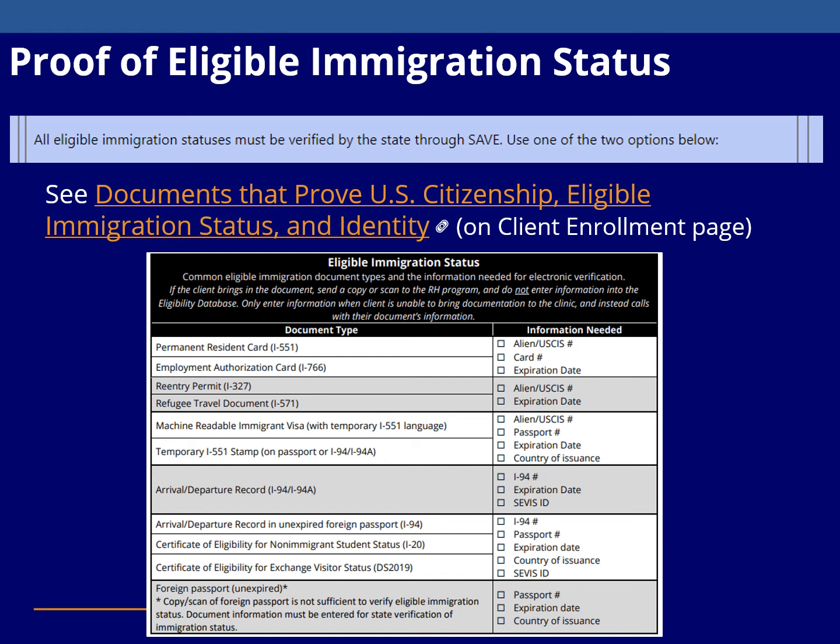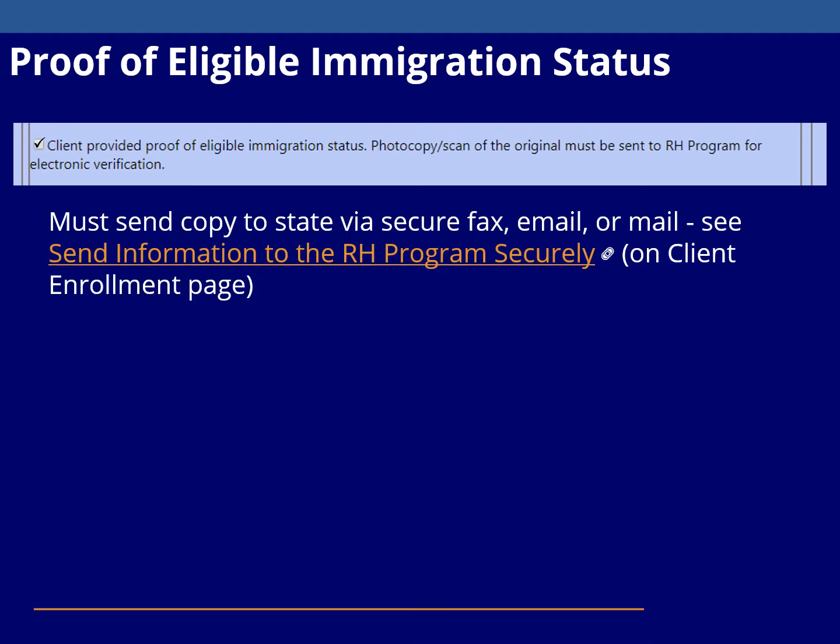But if a client has a refugee travel document, we just need the USCIS number and the expiration date. It's complicated, and many of the pieces of information are 15+ digits long and therefore very susceptible to typos, which is why we ask you to send us a copy of the document whenever possible.